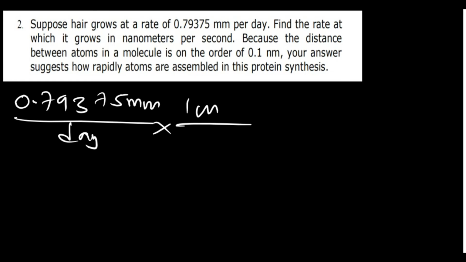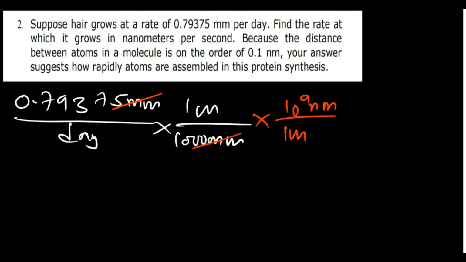We have 1000 millimeters. So these two, the millimeters and millimeters, cancel. Now in 1 meter, how many nanometers do we have? We have 10 raised to the power 9 nanometer. Meters and meters will cancel, so we are done because we want our answer in nanometer.